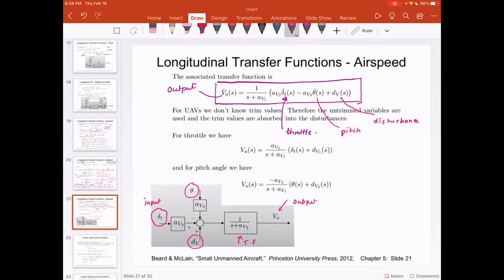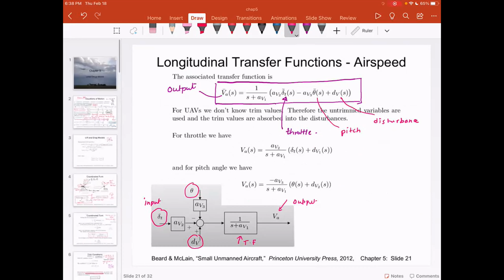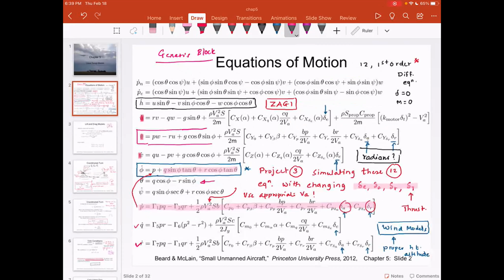Now, what we have done in this part is simply we took these equations given on the Genesis block and expressed these equations as transfer functions. So we came up with a transfer function in the longitudinal direction, and we came up with a transfer function in the lateral direction.